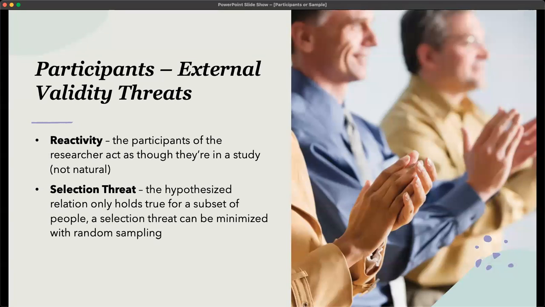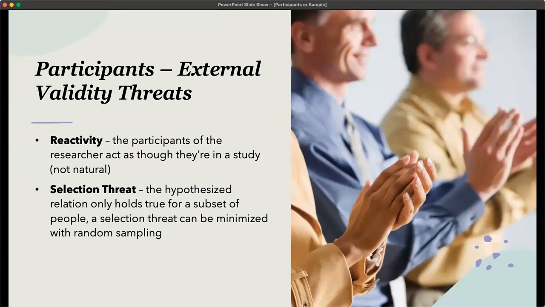So there are also external validity threats. The first one is reactivity. This is when the participants are aware that they're in a study, and so they're behaving a little bit differently. They're not acting natural. The other one is a selection threat.